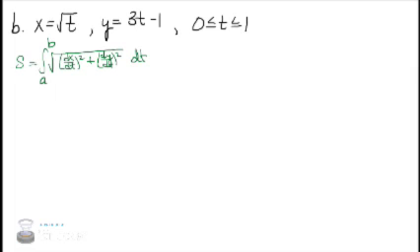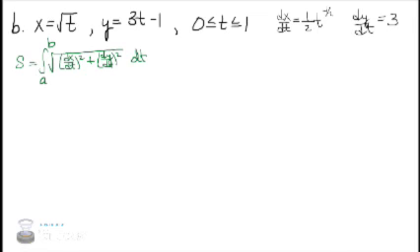Let's find dx/dt and dy/dt. x is t to the 1/2, so dx/dt is going to be 1/2 t to the -1/2, and dy/dt is just 3.